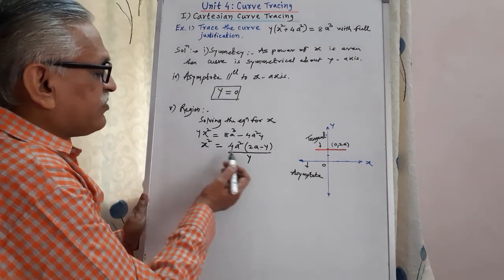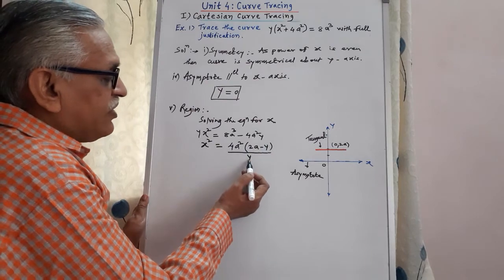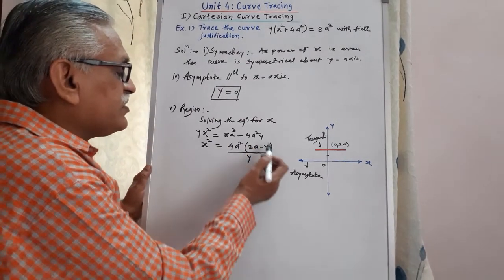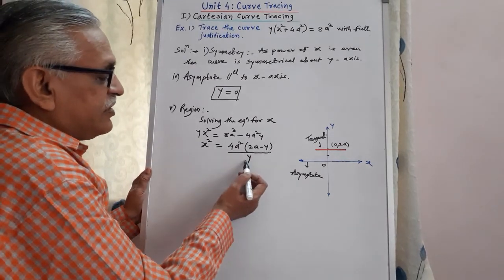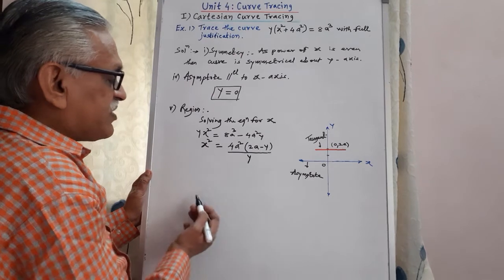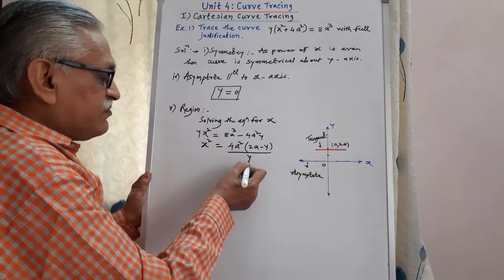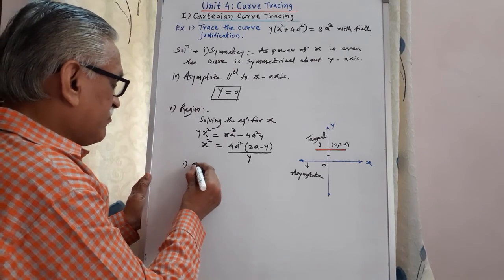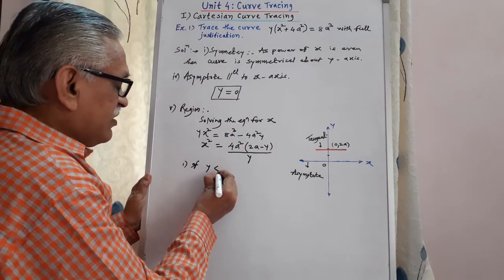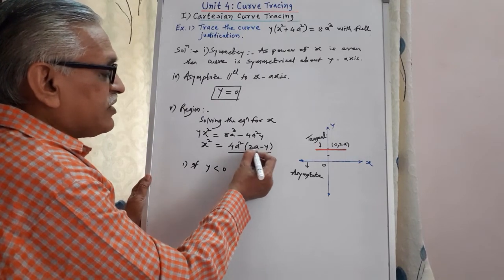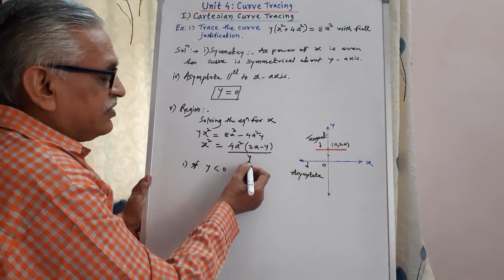After solving it for x, try to get the values of y for which this term becomes negative. There are two terms of y, one in the numerator, another in the denominator. If we consider this term from the denominator, if y is less than 0, negative, this becomes minus minus plus, and this becomes negative.